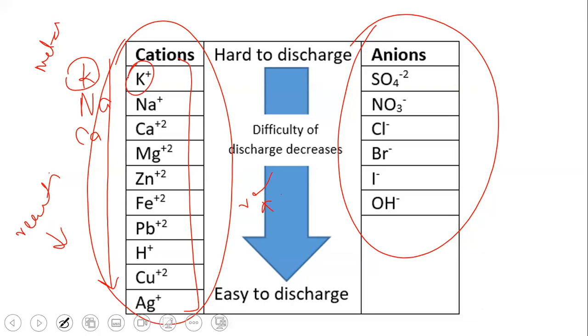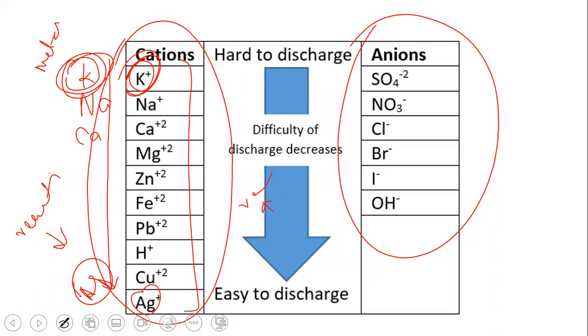And then silver metal is very less reactive, but silver ion is very reactive. So the ion is opposite of the metal. That's what I'm saying. Potassium metal is very reactive, but potassium ion is less reactive.